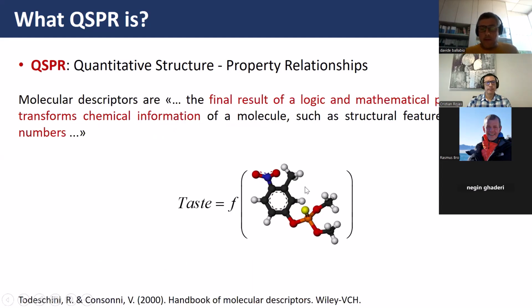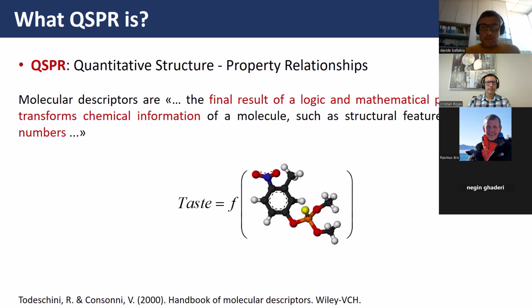In order to do that, what do we need? Well, we need a list of compounds, which we use as training data to develop these models. These models are completely empirical. They are based on machine learning. So we use machine learning to learn from these training compounds the relationship between the structure of the chemical and the taste.